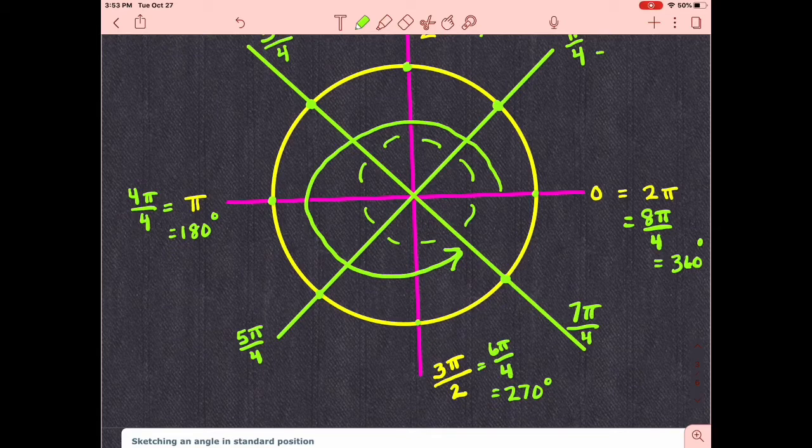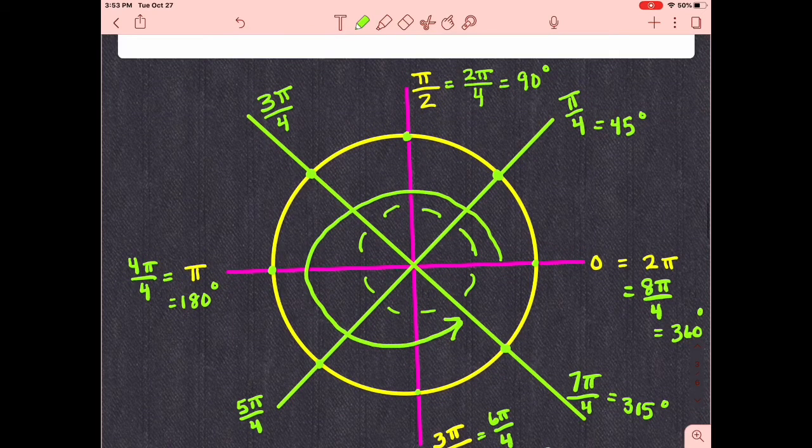Actually, I forgot to tell you that this is 45 degrees, but maybe you realize that. And so can you see that this is 45 degrees less than a circle? It is 315 degrees. Each one of our little sections is worth 45 more.